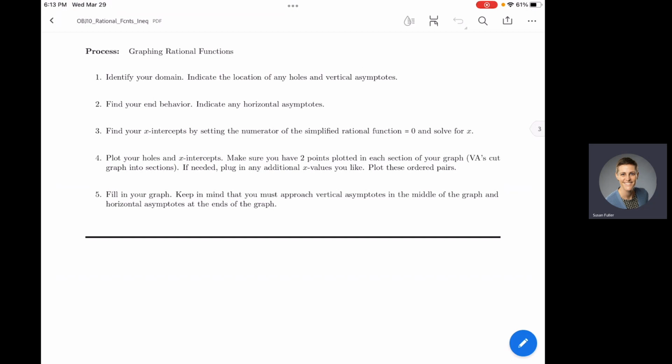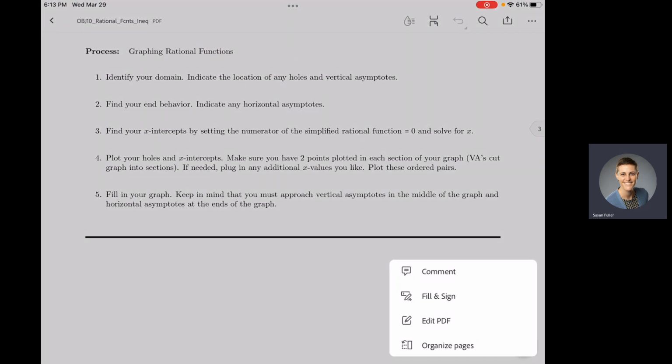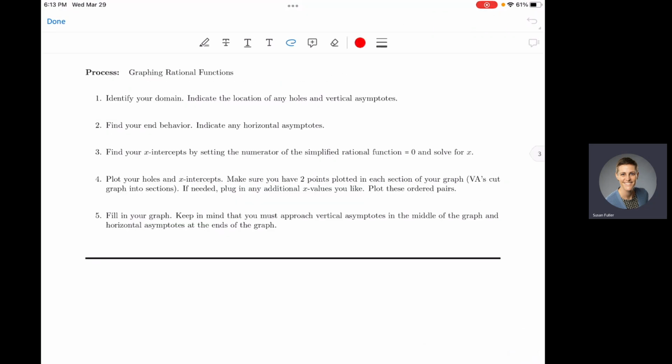So in order to graph a rational function, the first thing that you're going to do is find the location of holes and vertical asymptotes. These come from the domain of your rational function. And again, the domain of a rational function excludes the places where your denominator equals 0.